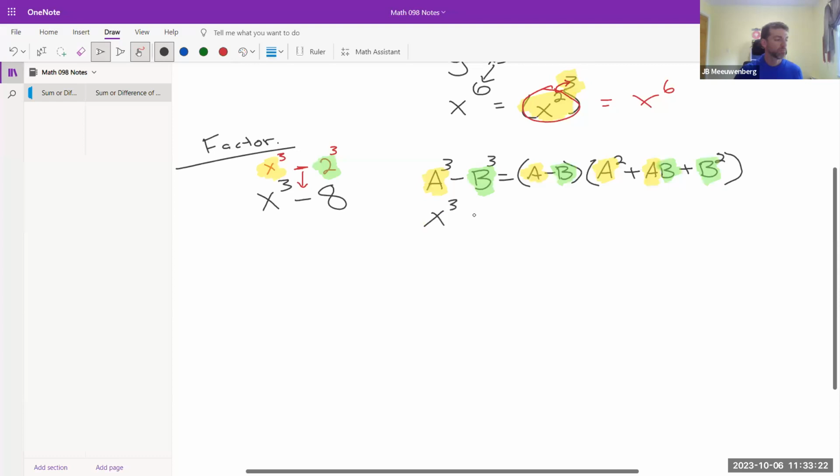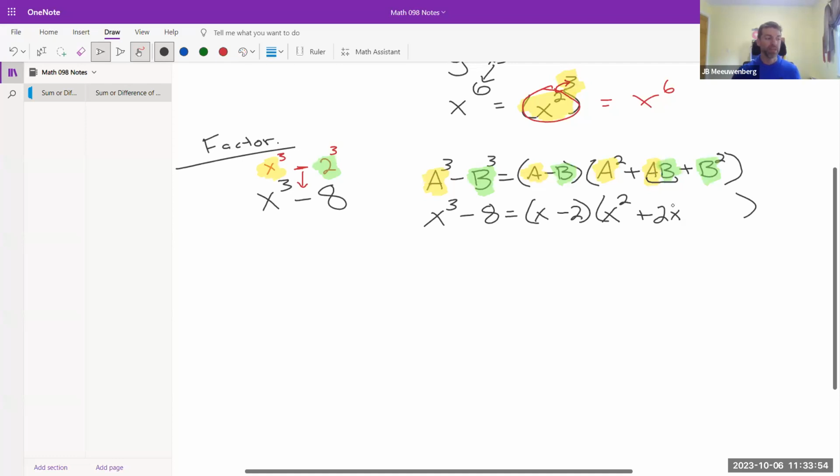X cubed minus 8 is equal to the quantity x minus 2, a minus b, times the quantity, remember what a is? x, and it's going to be squared, plus, now here we have a times b. That's the x and the 2 multiplied together. Typically, we write the 2 first.